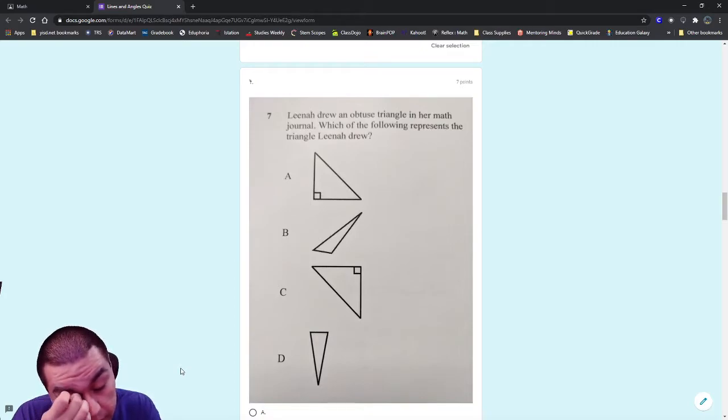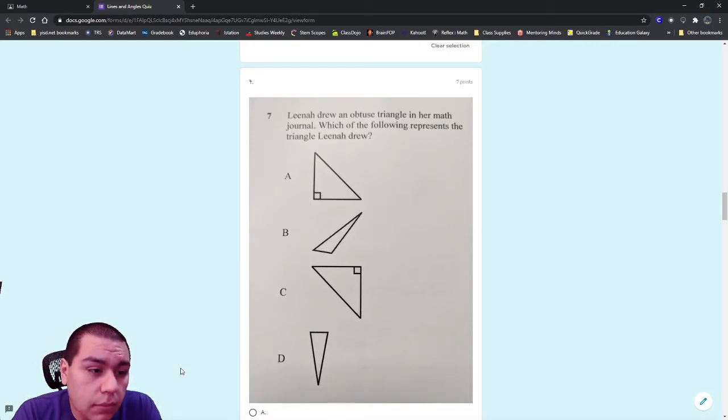What kind of angle would it be, Bailey? If a right triangle has to have a right angle, what kind of angle does an obtuse triangle have to have? You're right.